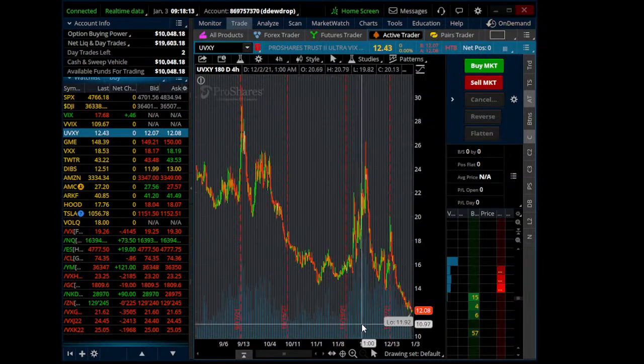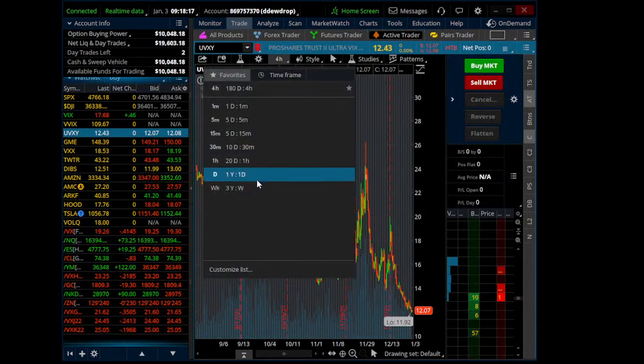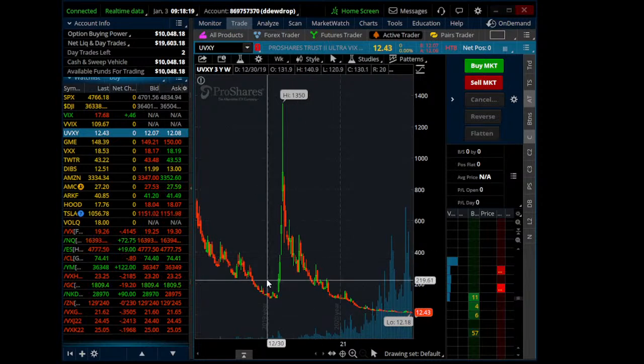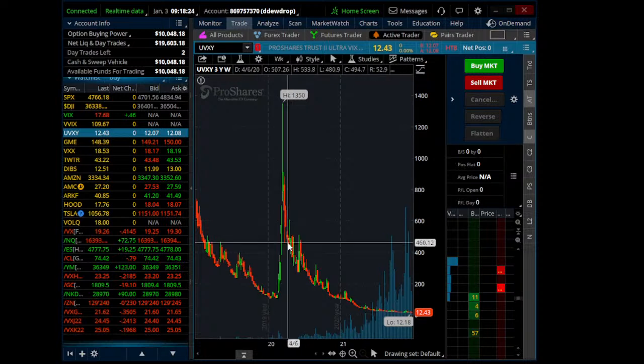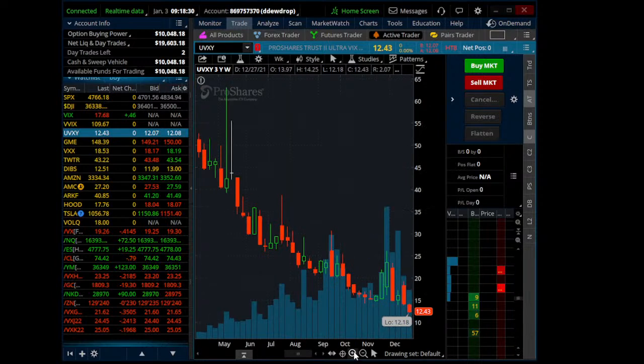Now, when you look at a chart of UVXY and you see it moving down like this, and let's go to a 3-year chart, you can see there's the one spike, the COVID-based spike. When you see a chart of it moving downward like this, people will go through on StockTwits and list a bunch of stocks.